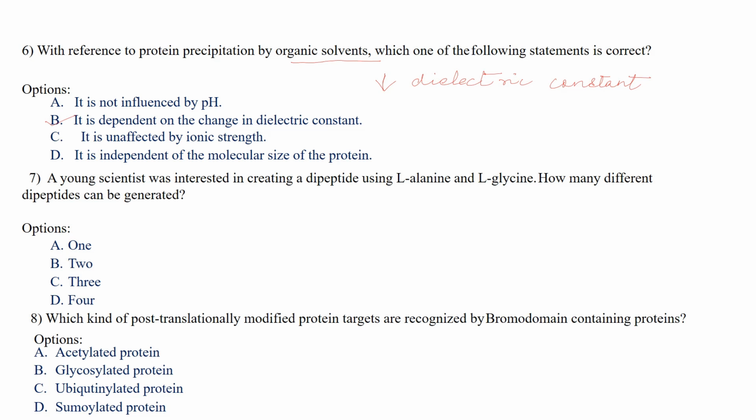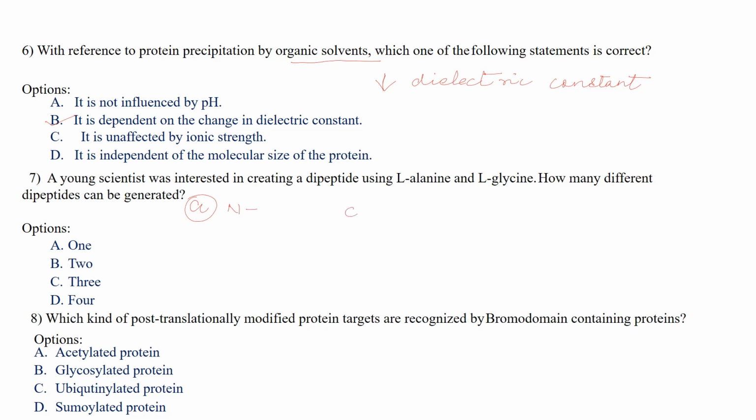Next question is, a young scientist was interested in creating a dipeptide using L-alanine and L-glycine. How many different dipeptides can be generated? So there could be different combinations. Usually a protein or dipeptide consists of an amino terminus end and a carboxyl terminus end.